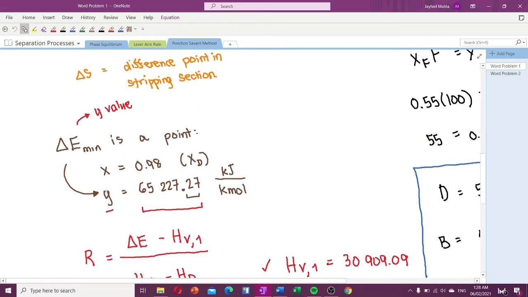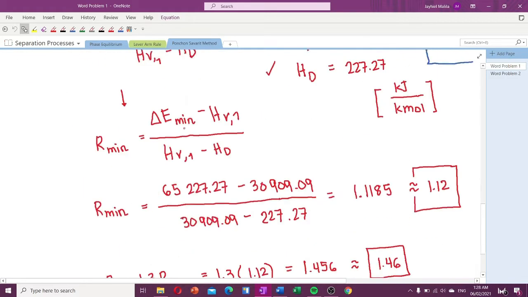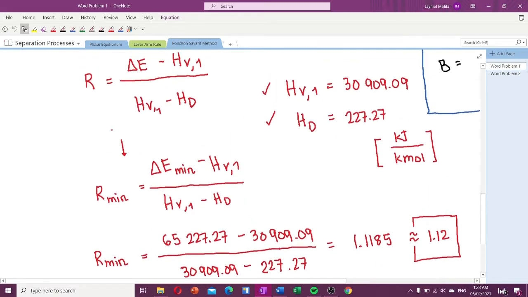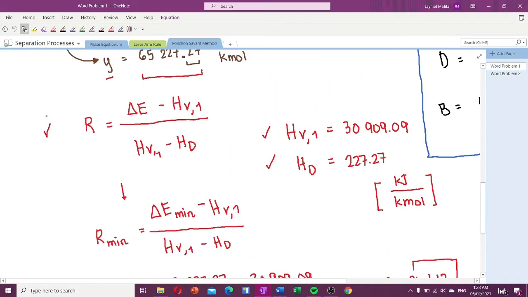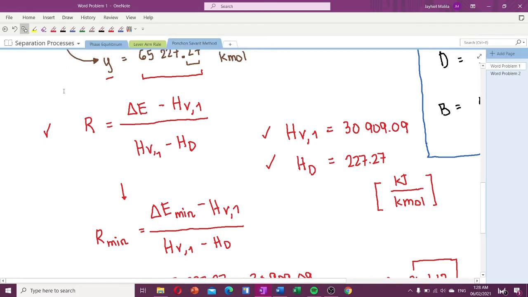Next, using the value of R, solve for the value of delta E. This is the time that we're going to use the equation above to solve for the value of delta E. Again, why is it very important to solve for delta E?